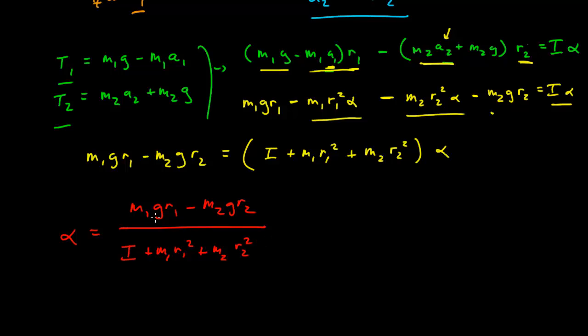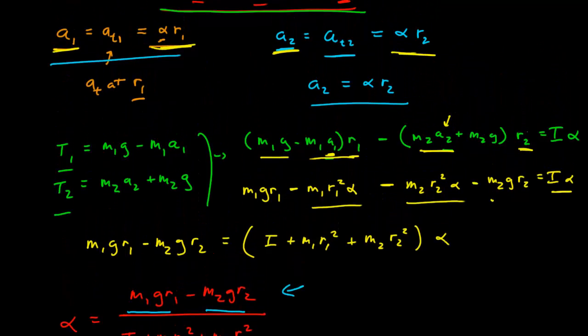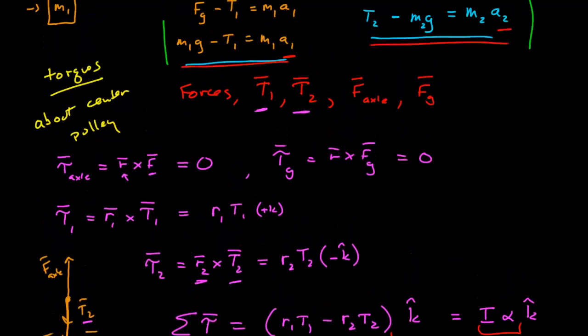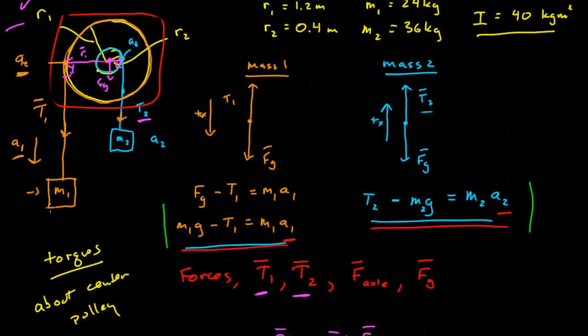Now's a time to look at this. Does this make physical sense at all? What does this top really represent? m1 g r1 minus m2 g r2. Well, m1 g, that's the gravitational force of this. m1 g r1, so that's sort of the torque that this mass is putting on the cylinder at this point, trying to rotate it counterclockwise.